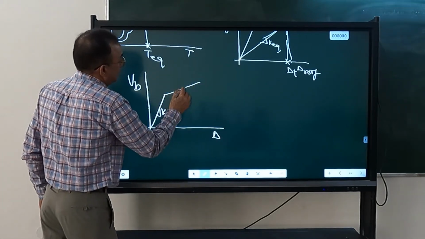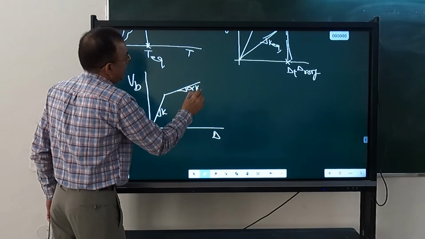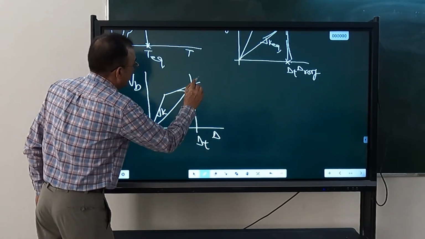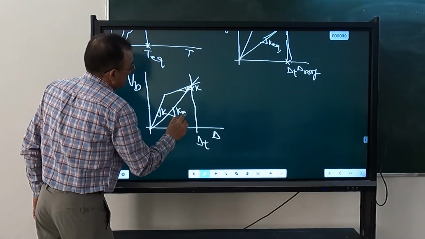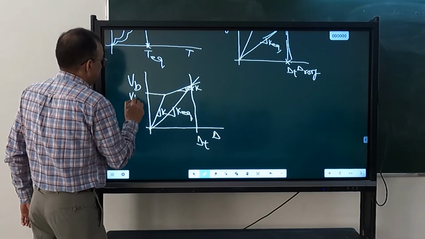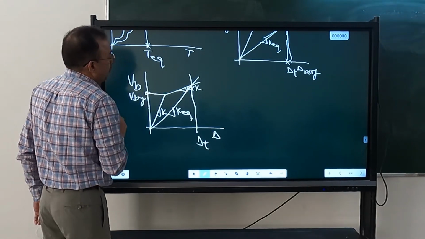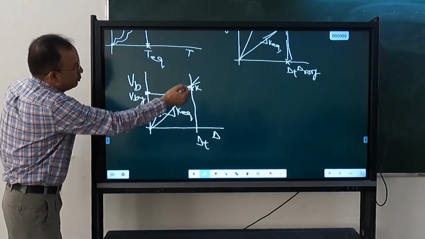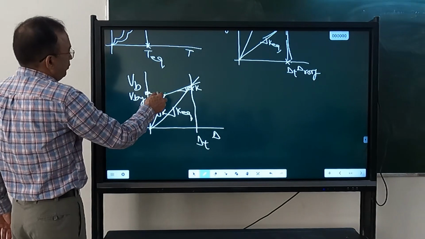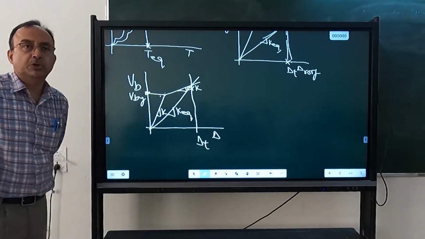So this is K, this is alpha K, and then suppose this is delta T, this will be your K equivalent, and this will be your value of VBY. If you want to compute VBY now, you need to know the value of K and alpha, or alpha at least. Then K equivalent and alpha, if you know, you can calculate this using geometry.